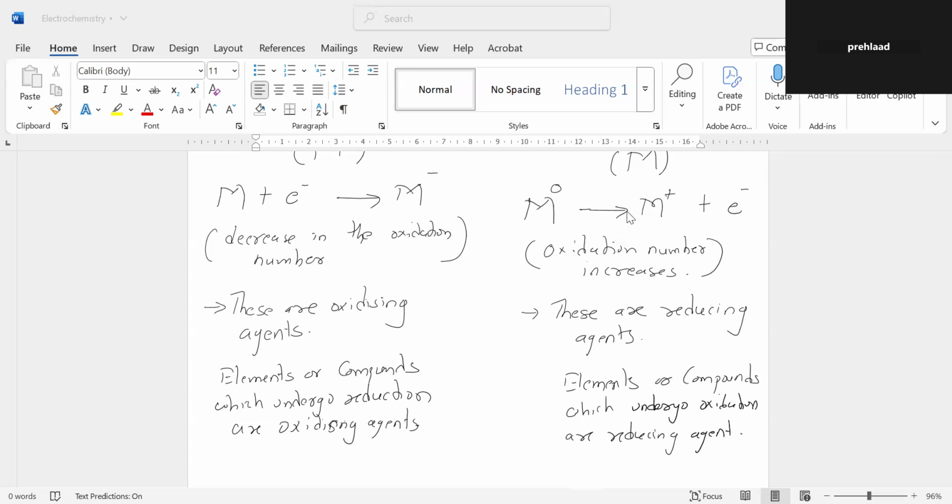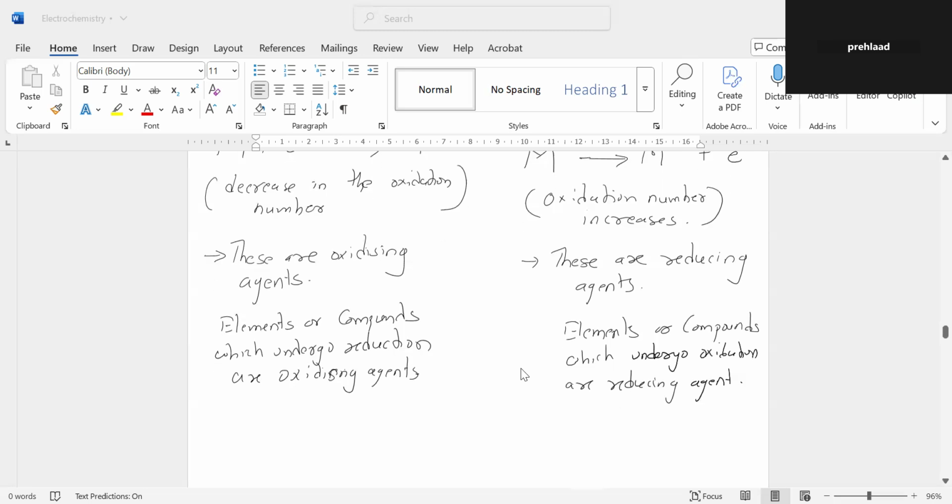If something undergoes oxidation, it is a reducing agent. This is the confusing part. So how will you remember? Reducing agent, oxidation; oxidizing agent, reduction. If the term agent is added, you will just understand the process is opposite.